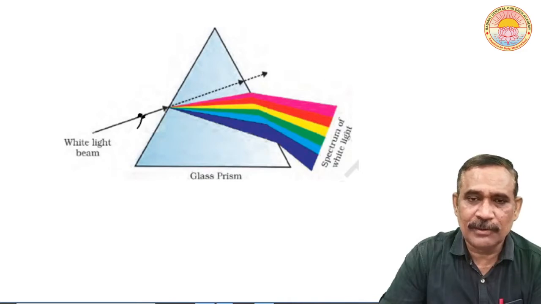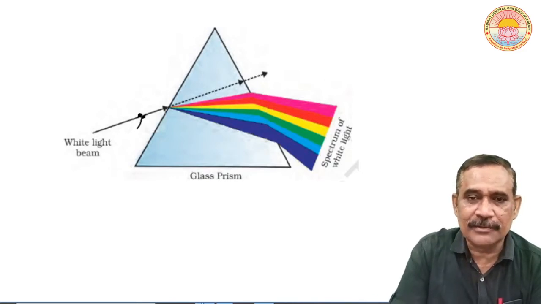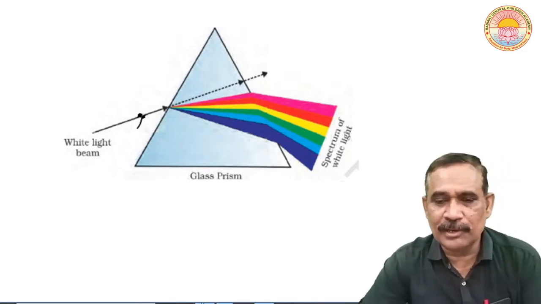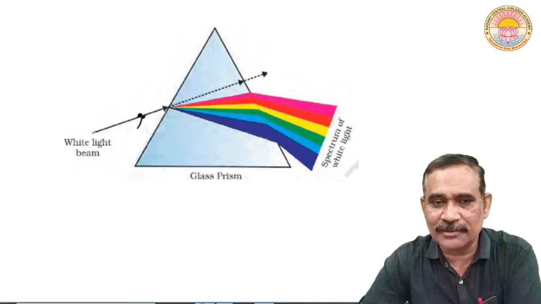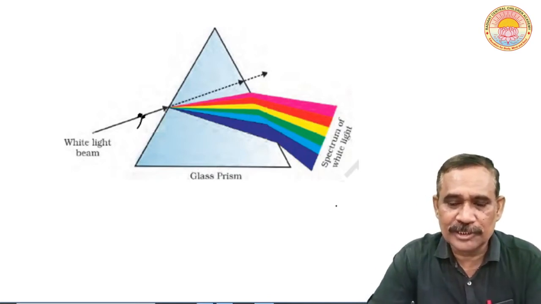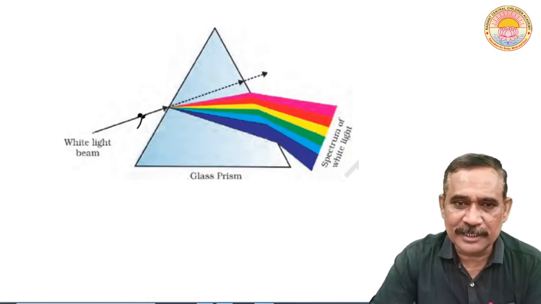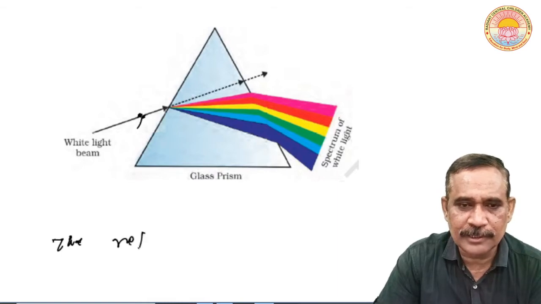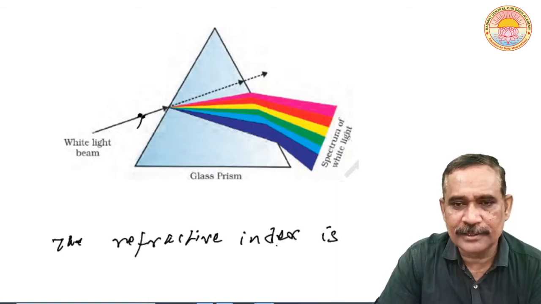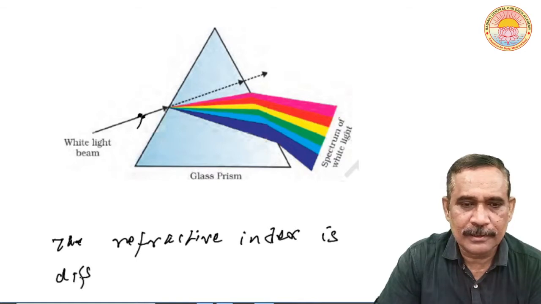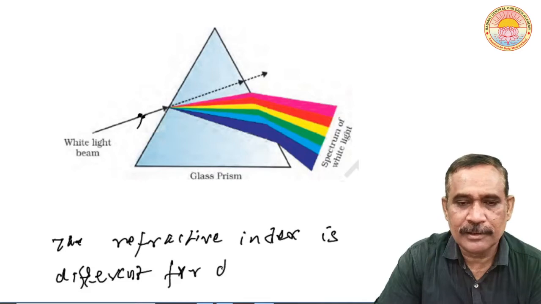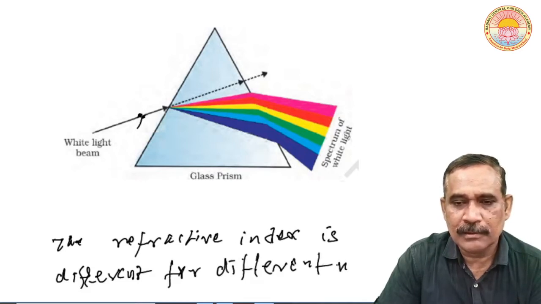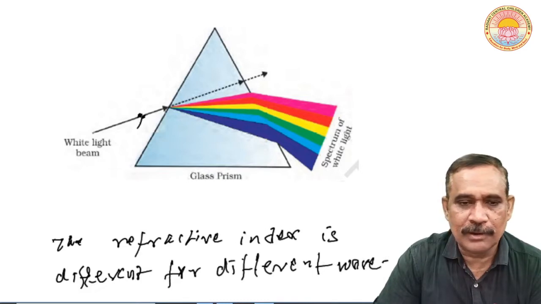The reason why the red light is deviated least and the violet light is deviated most toward the base of the prism is that the refractive index is different for different wavelengths of light.